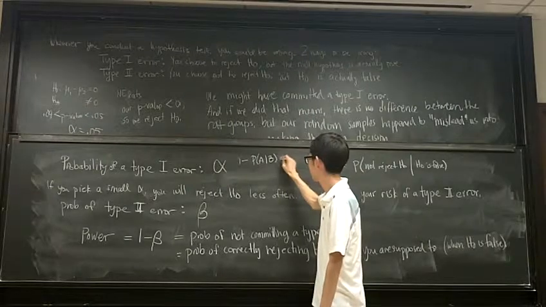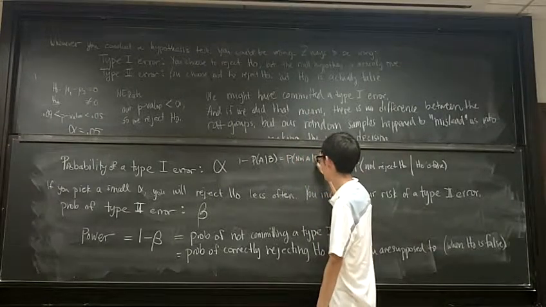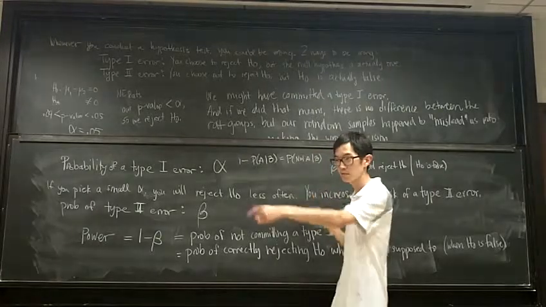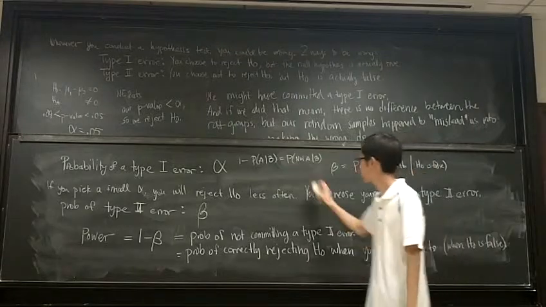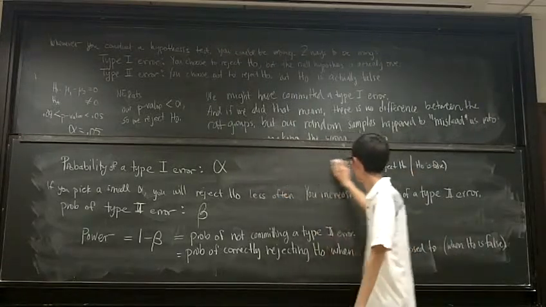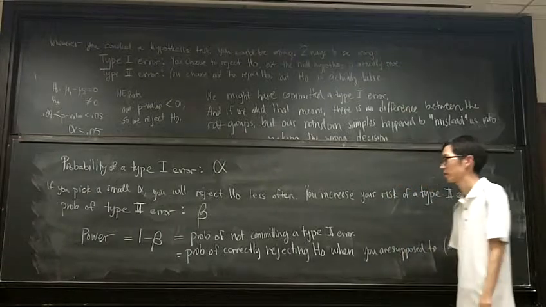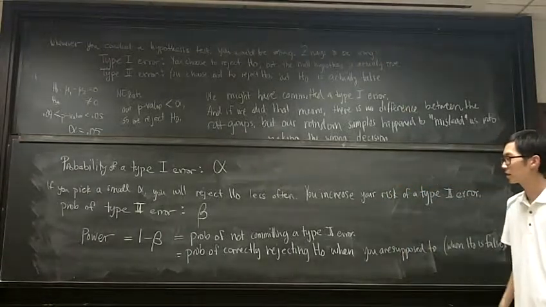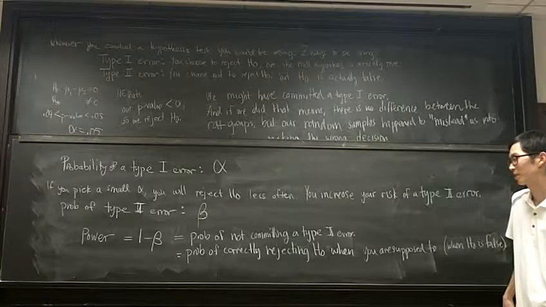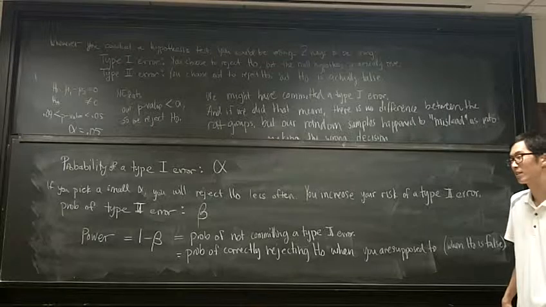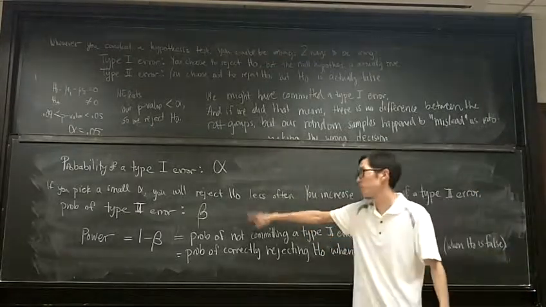This would be equal to the probability of not A given B. But if you are rejecting the null hypothesis, there is no chance that you're committing a type 2 error, because to commit a type 2 error, you're choosing not to reject the null. Right. Well, that's why they're complements of each other.